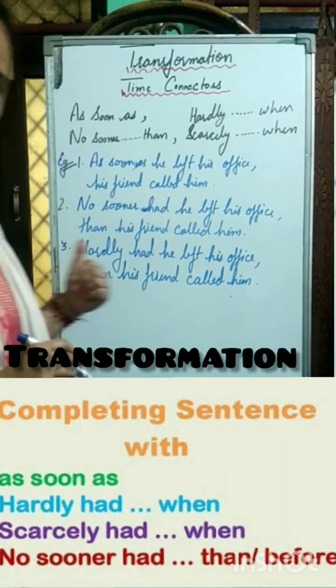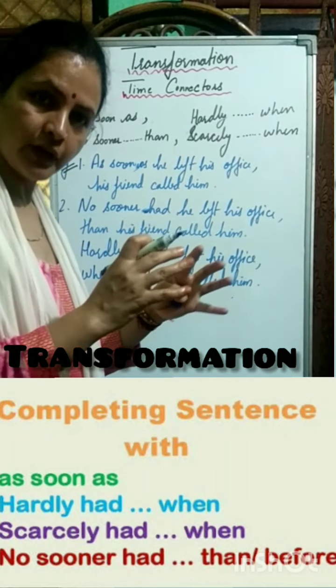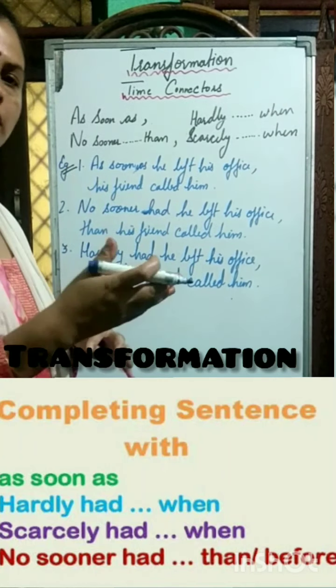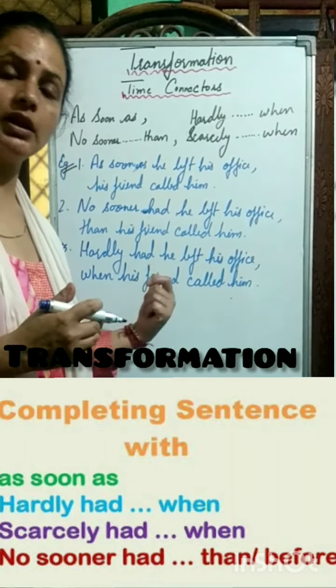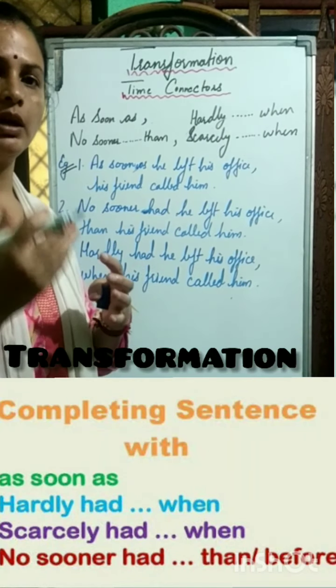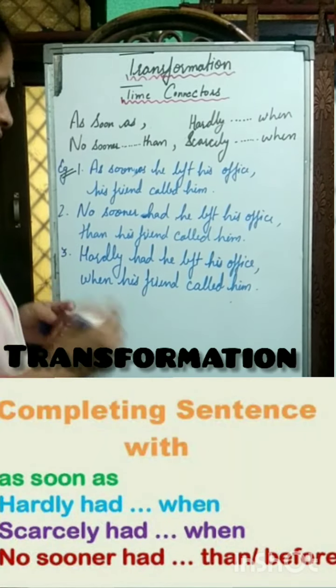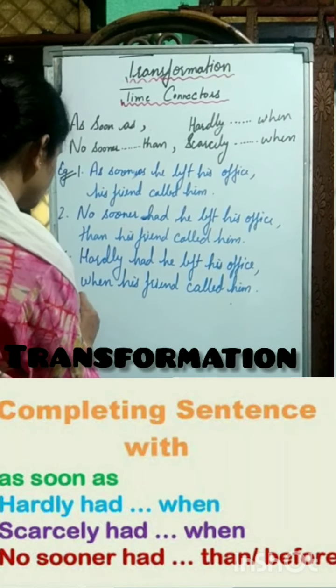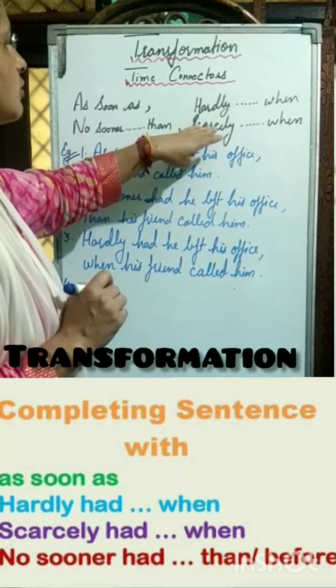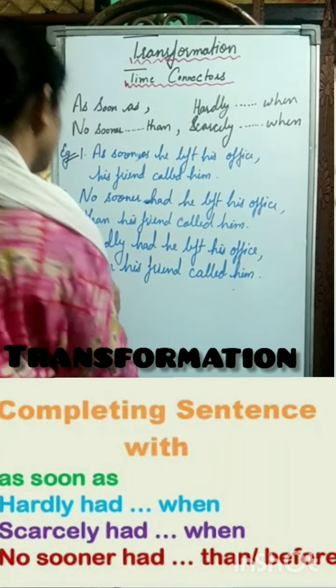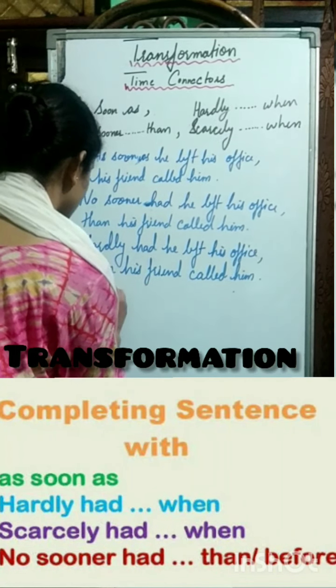Now, hardly had he left his office, and second action, his friend called him. So, it is again mentioning the time of two actions. Now, I'm going to use this sentence again, and here another connector we will use for the transformation, that is scarcely.